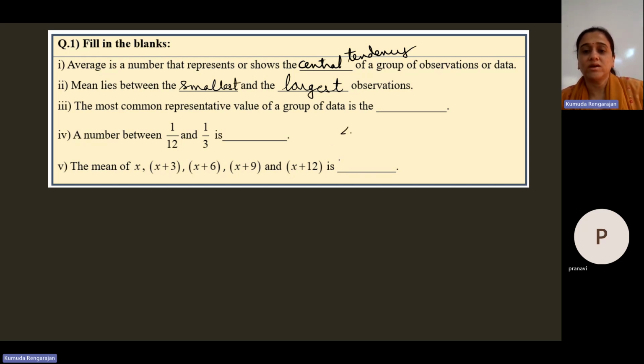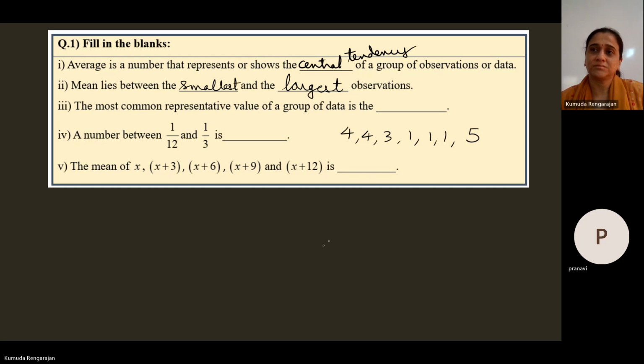Now, supposing you have this data, what's the mode of this data? Mode is that value which has the highest frequency, that value in the data which happens the most number of times.